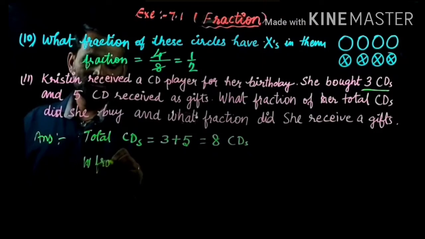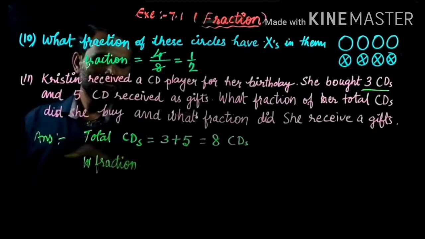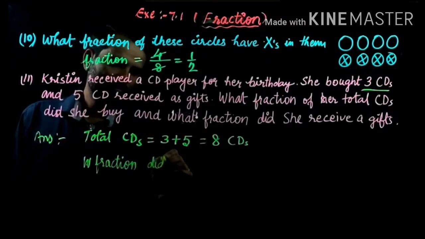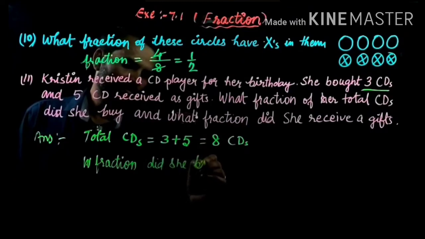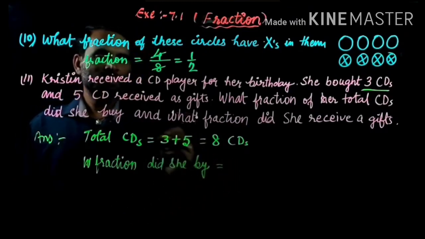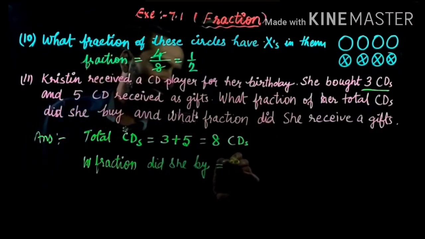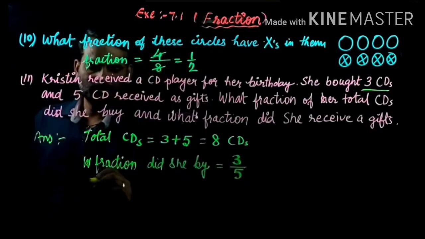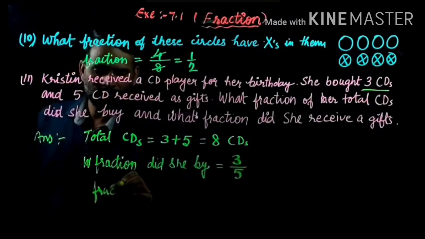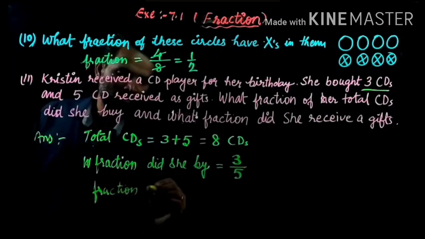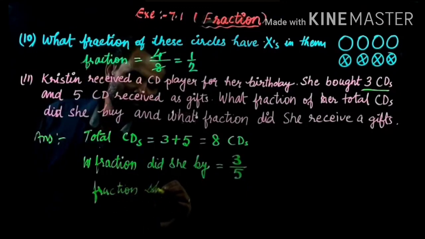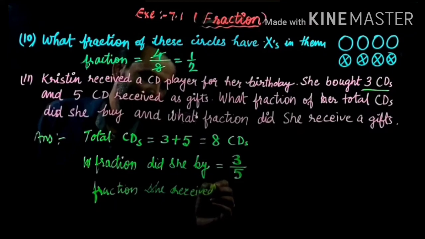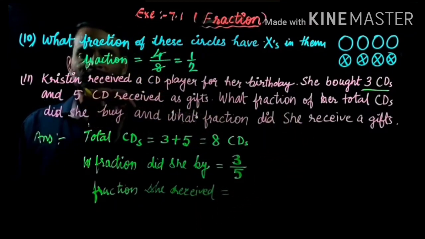First, the fraction she bought: the bought CDs are only 3. Okay, and second, the fraction she received as gifts is 5 CDs.